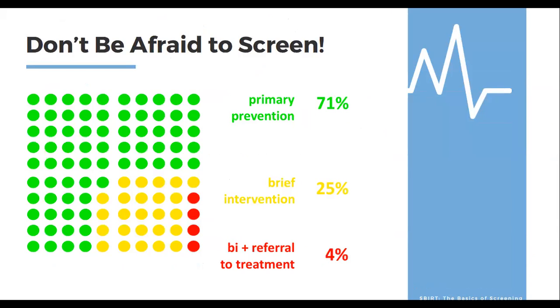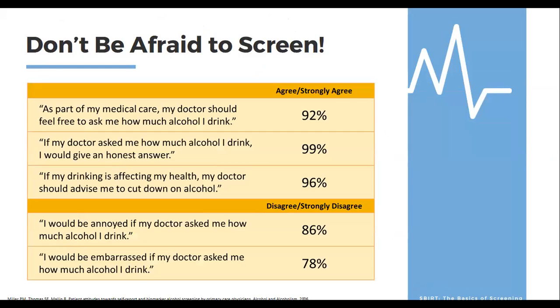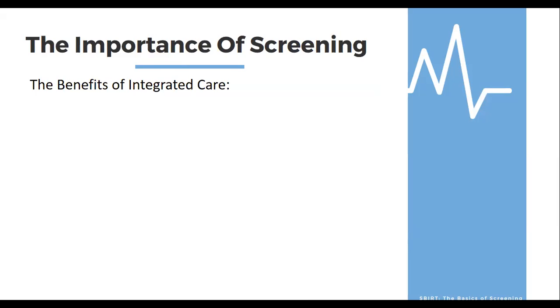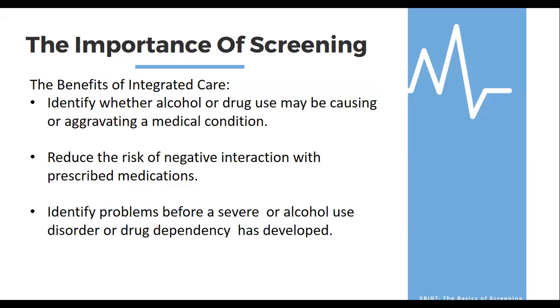It'll let me click forward. Some visuals. This shows the green, they don't really need a whole lot, then the brief, and then the red. Why? Some questions here. Importance of screening.